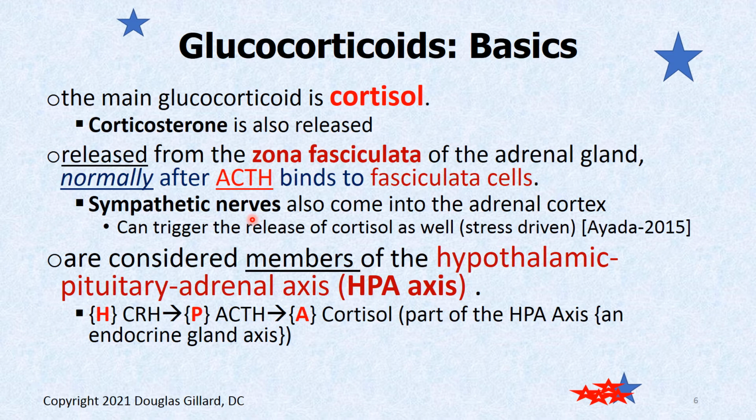So glucocorticoids are considered a member of the HPA axis, the hypothalamic pituitary adrenal axis. Are glucocorticoids, cortisol, a member of the HP axis? No, it's not released from the hypothalamus or the pituitary. It's a member of the HPA axis.